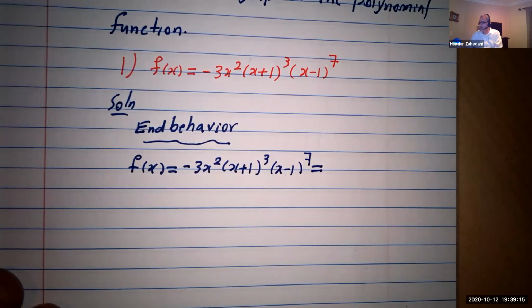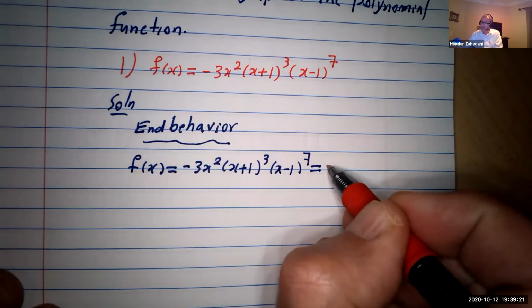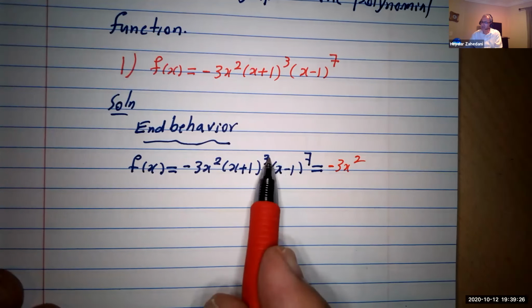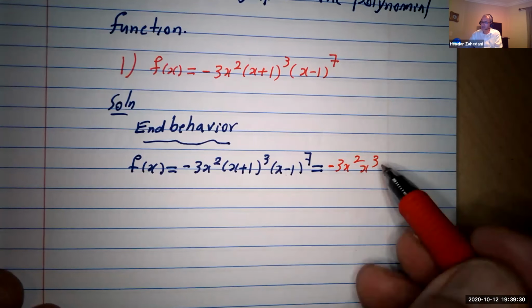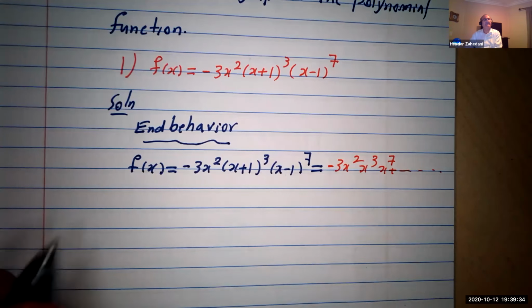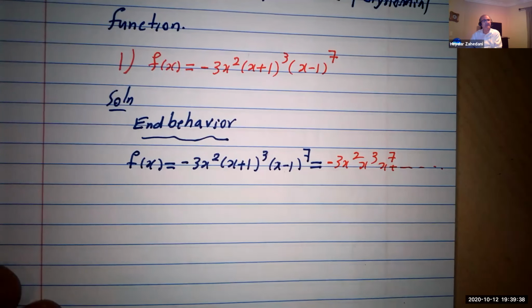Get the x with the highest power for each factor: negative 3x squared, x to the 3rd, x to the 7.